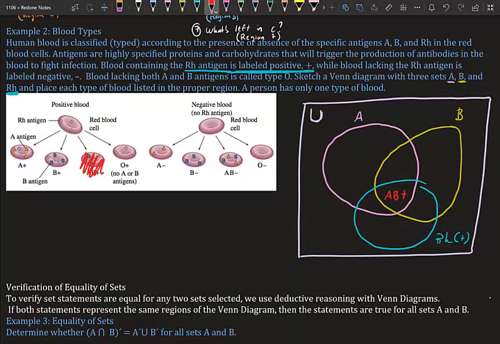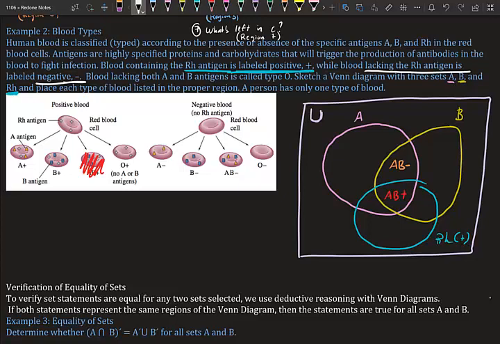That's where A, B meets, but that AB here is not inside of the positive. Since it's not inside the positive circle, this is AB negative. It told us that if it does not have Rh, we label it negative. And since it's not inside the Rh set, that's negative.